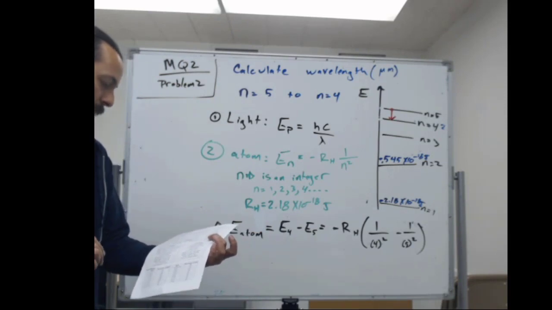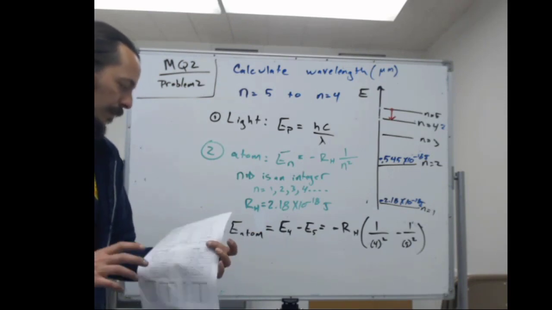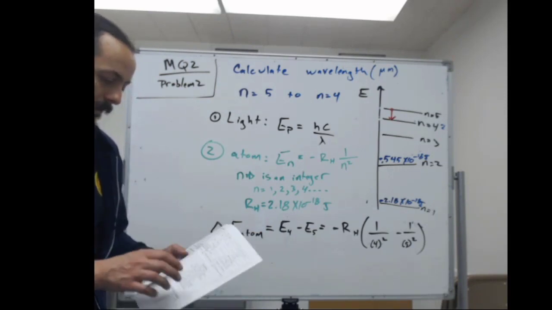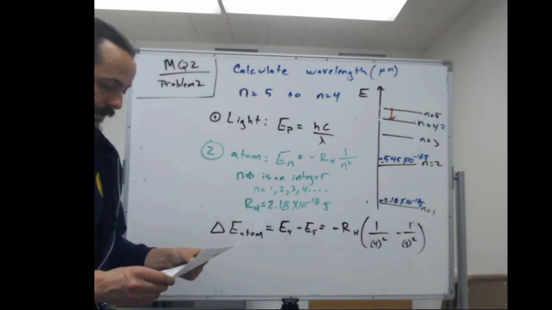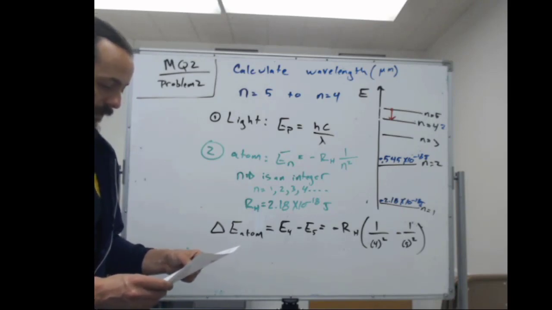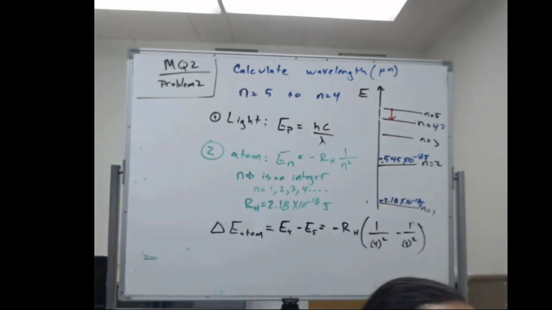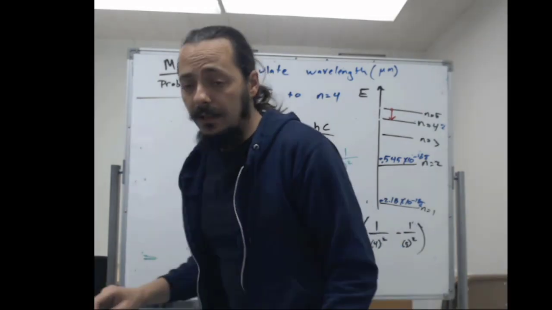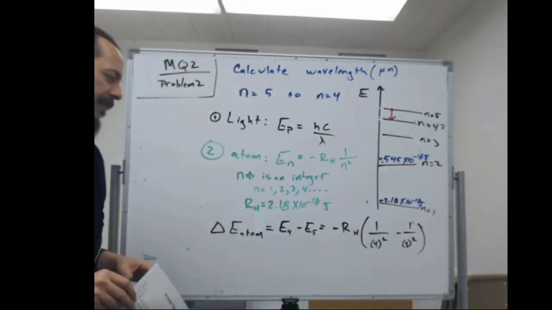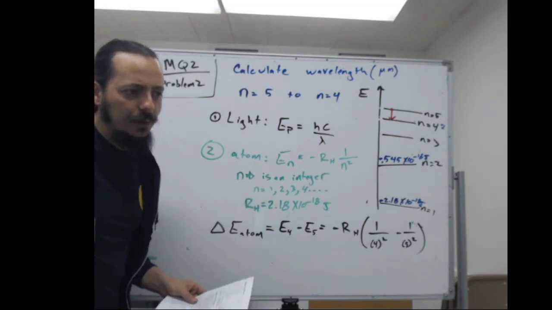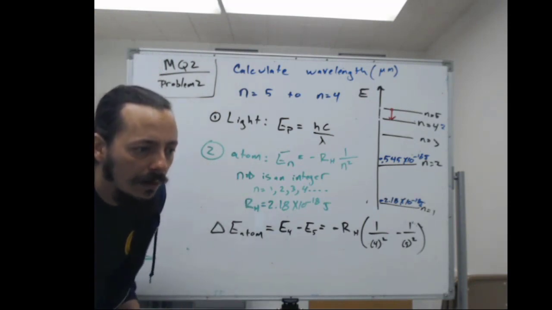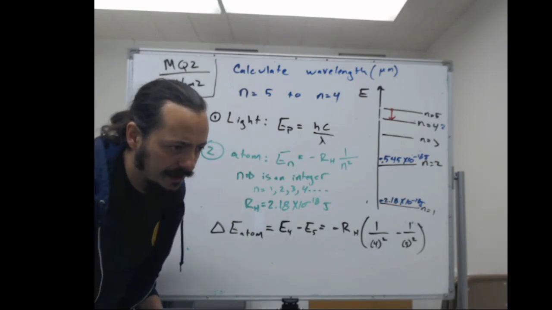I'm wondering, the equation that I see on here that's most similar to the one you're using is delta E equals negative Z squared times RH times... Yes. So do we need the Z squared on there? I left the Z squared out, and actually I just noticed this problem does not say hydrogen atom.